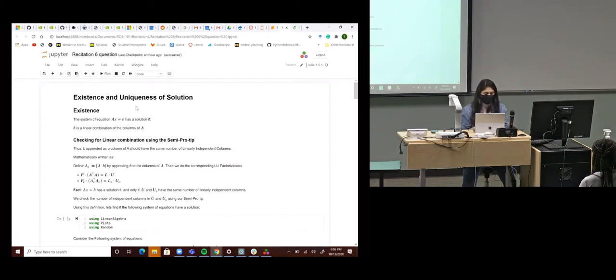When you say that a solution for a system of equations AX equals B exists, then what you mean, and what you want to show, is that B is a linear combination of the columns of A. If you can show that, you can say that the system of equations has a solution.